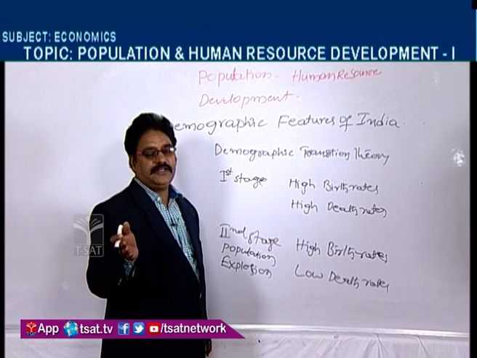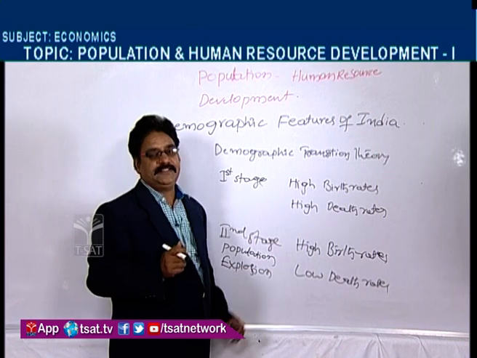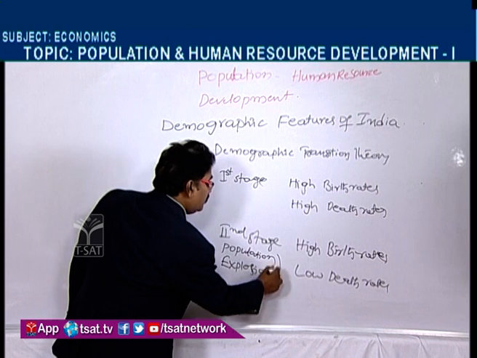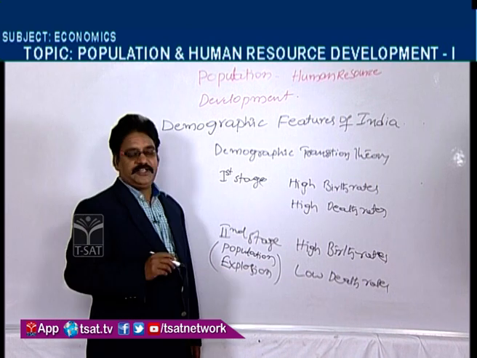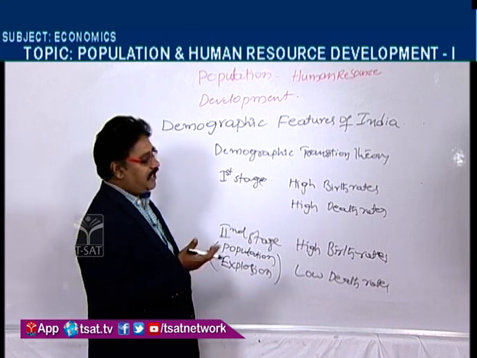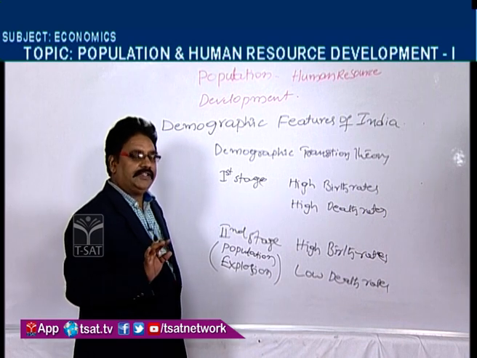Rapid growth of population occurs in the second stage. That situation is called population explosion. The reason for the population explosion is high birth rates followed by low death rates.